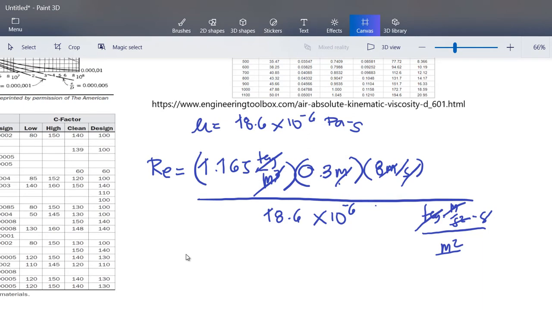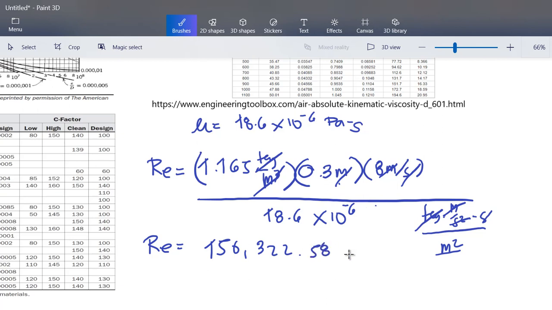So correct me if I'm wrong, we have the value of your Reynolds number, which is equal to 150,322.58.